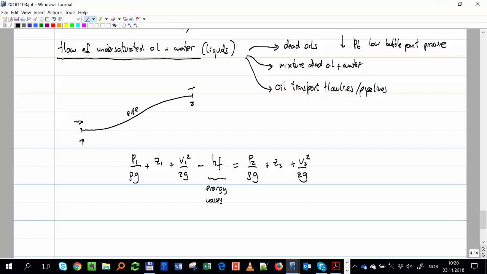So it's the same equation we are going to use here. However, there are a few differences. HF, if you remember, we had two types of losses. One of them was localized due to restriction, due to change of direction. So we have two parts. Let's call it just HL, H losses. We have H accessories due to flow restrictions, change of direction, or we have F due to friction with the pipe.